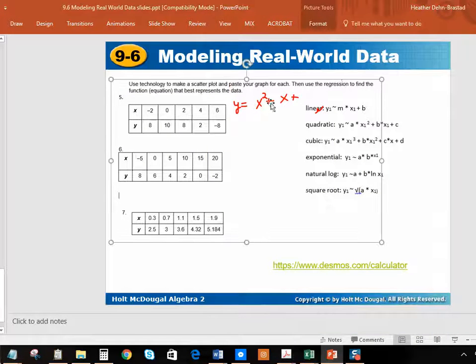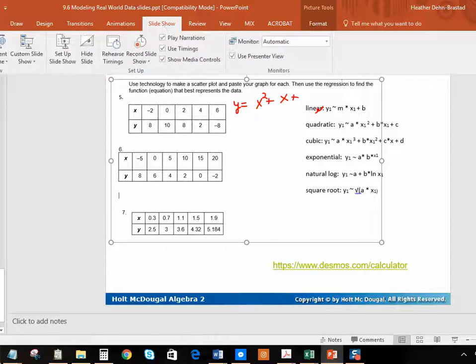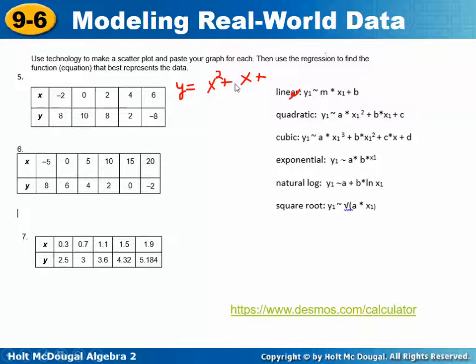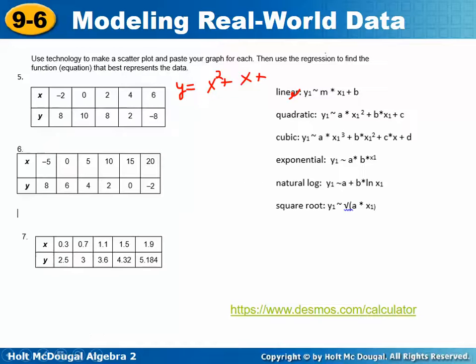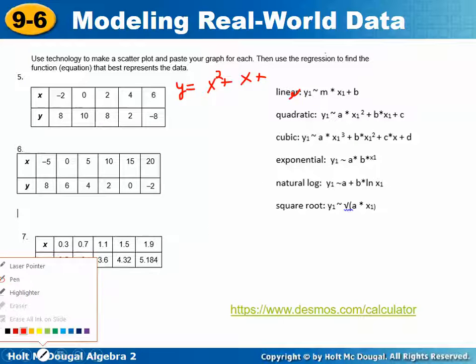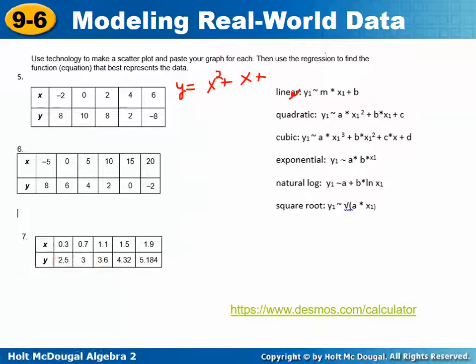So this needs to be -0.5 x squared plus 0x plus 10. I don't really need the 0x, which I would just write as y equals -0.5 x squared plus 10.